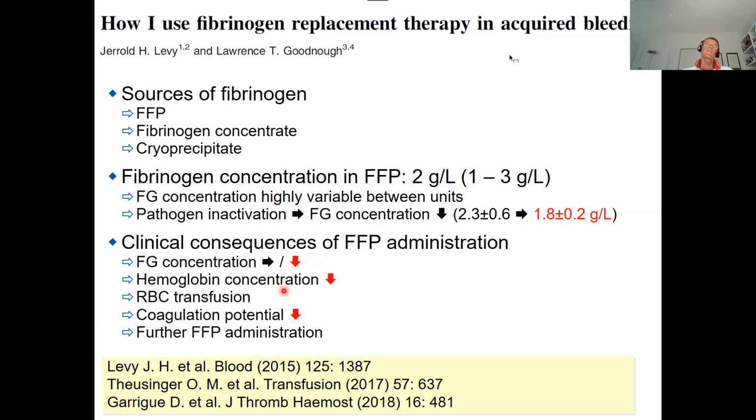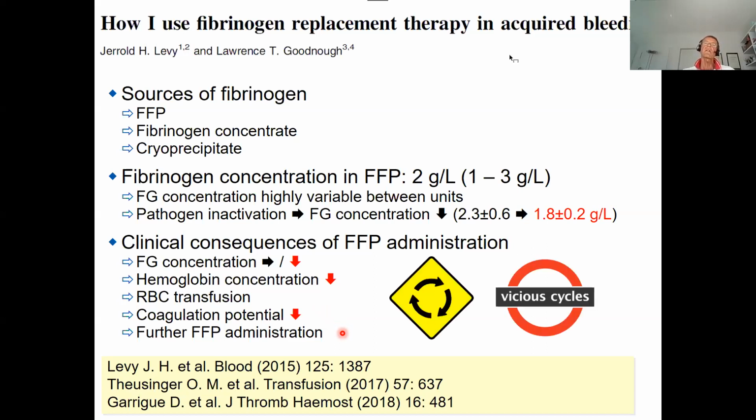And therefore, the uneducated physician then reaches out for an RBC transfusion. But the RBC transfusion doesn't contain any coagulation potential. So the coagulation potential due to the RBC transfusion goes down further. And Dr. Stupid doesn't know to do anything else but give further FFP. And this results in a vicious cycle.